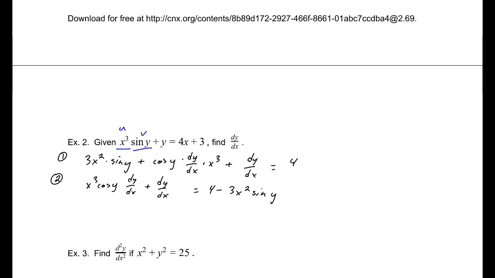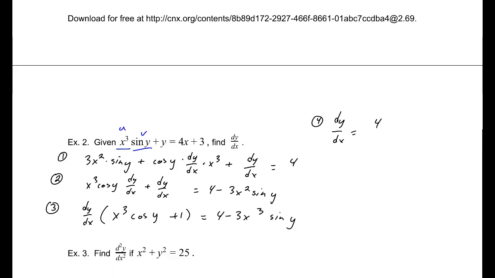Now we'll factor out dy/dx. So that leaves x cubed cosine y plus 1 equals 4 minus 3x squared sine y. And now we will divide both sides by x cubed cosine y plus 1, which makes our dy/dx equal to 4 minus 3x squared sine y over x cubed cosine y plus 1. Oh, that should be a squared right there.